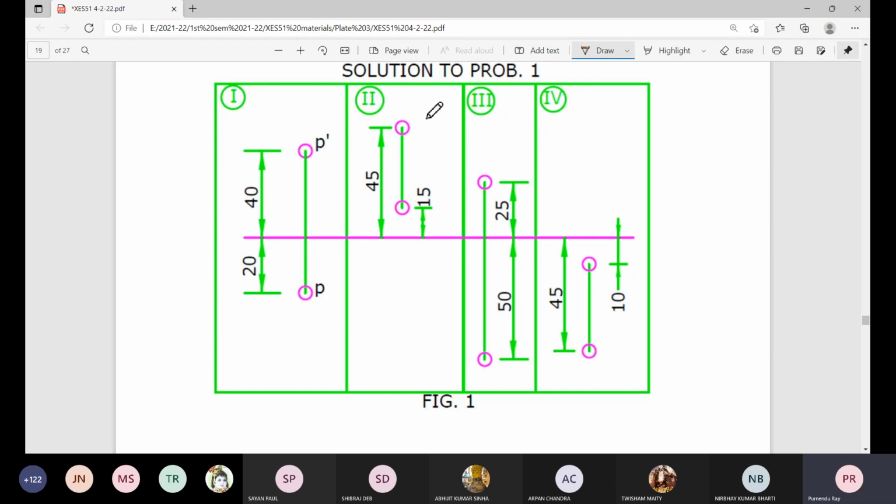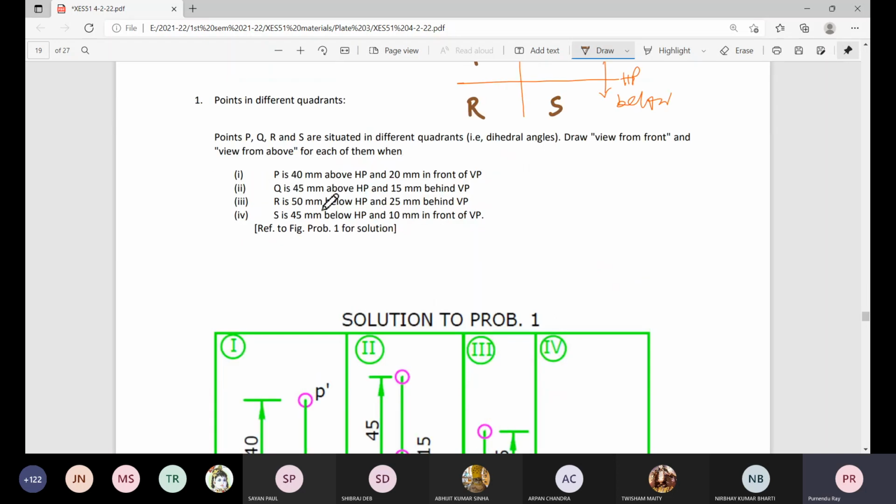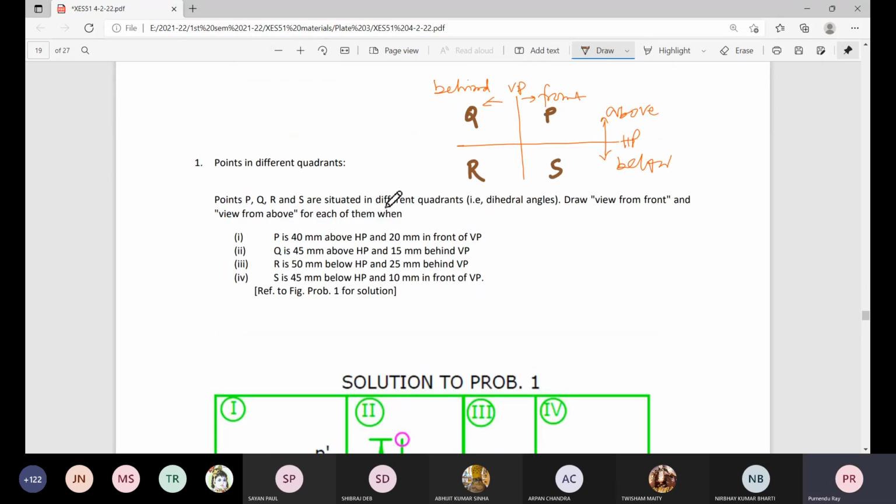So for the second case, for point Q, capital Q, it is 15 millimeter behind VP, 45 millimeter above HP.